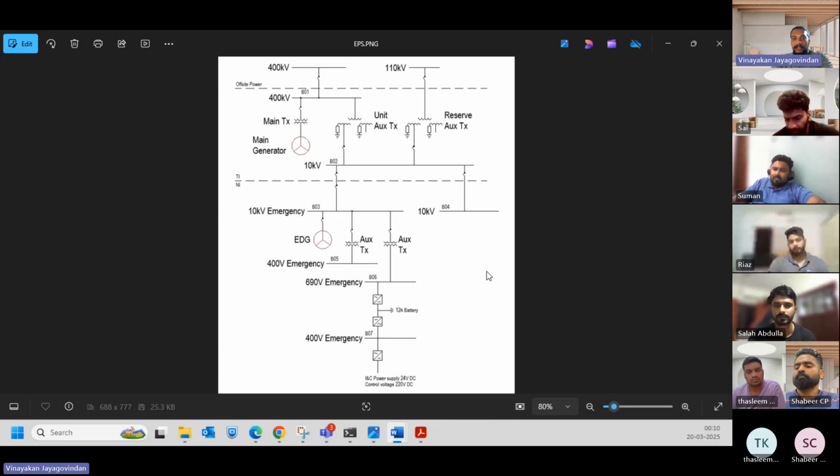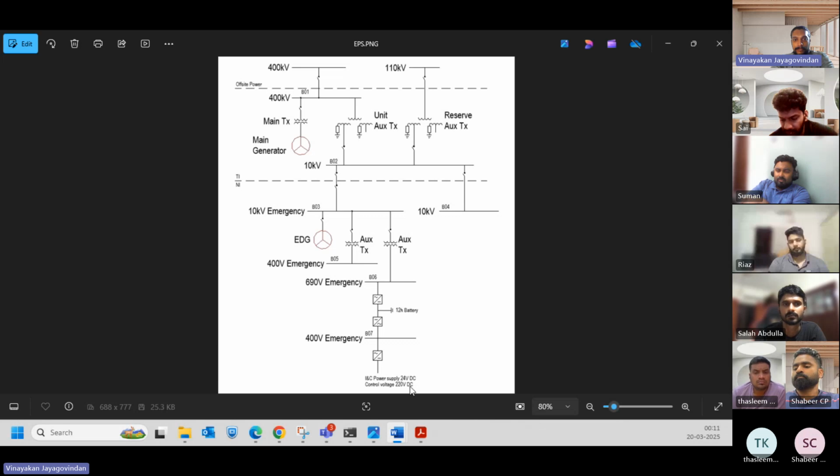Similarly, the main batteries and the severe accident batteries, which operate at 220 volt, guarantee the availability of power to all necessary critical systems. Here we have the control voltages, which is 220 volt, ensuring the availability of power up to 12 hours.